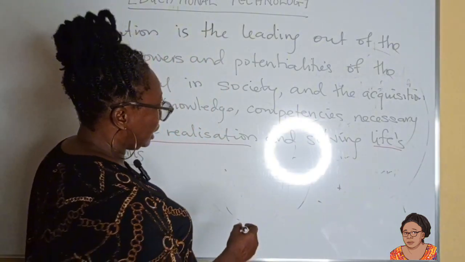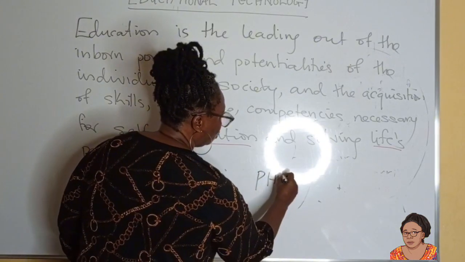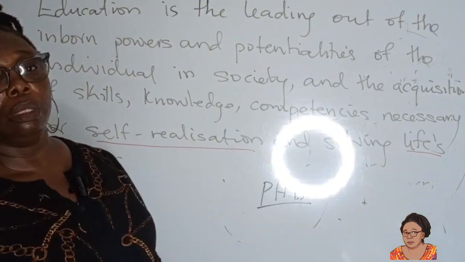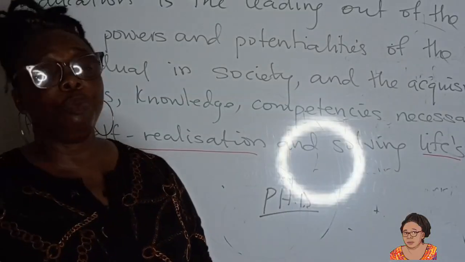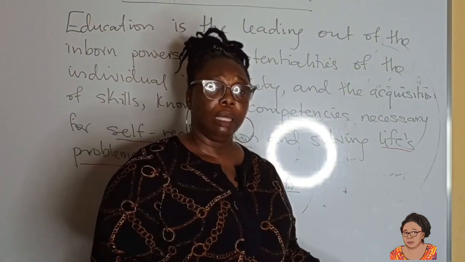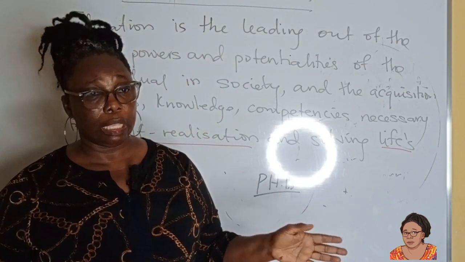For him, capital letters means when he writes his name, he wants to see what? PhD. And he went on to attain it. So among the two people, we can say he got to self-realization, and the first person, Awolowo, didn't get his self-realization, even though he's celebrated.